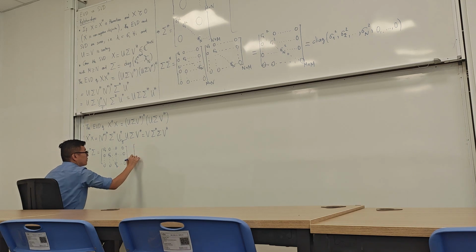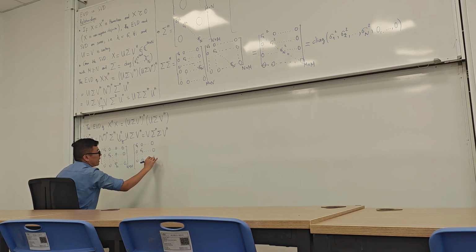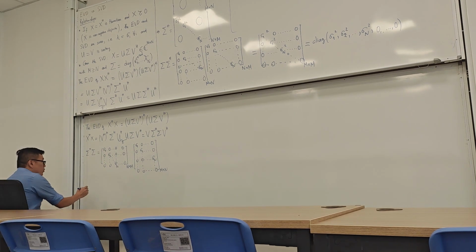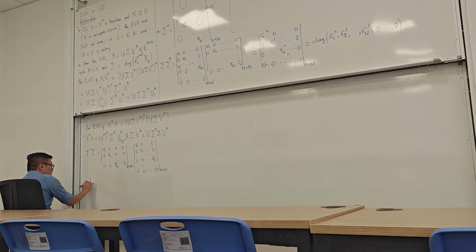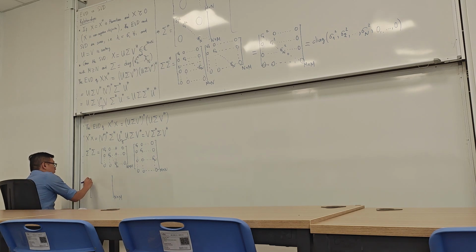Sigma is sigma 1, 0, and so on, then 0, sigma 2, and so on, until sigma n, and then we still have 0 here. This is m by n. Then we do the calculation. This will be an n by n matrix. This one with this one gives sigma 1 squared.